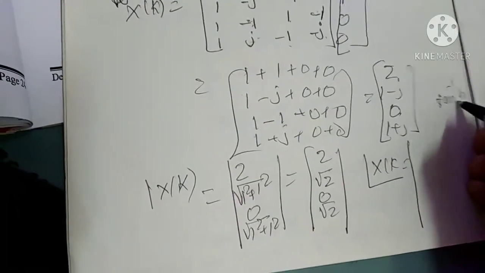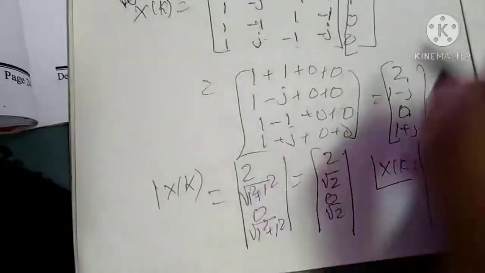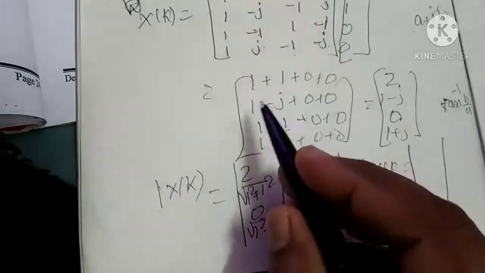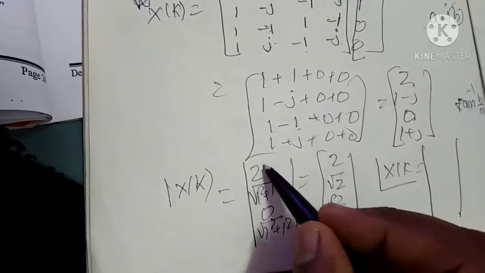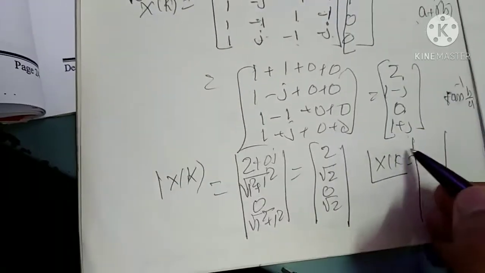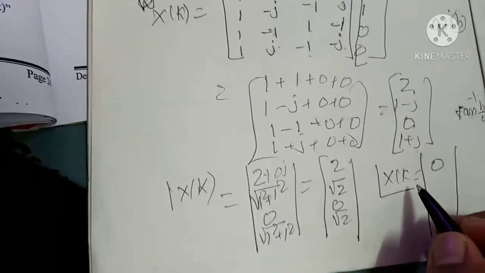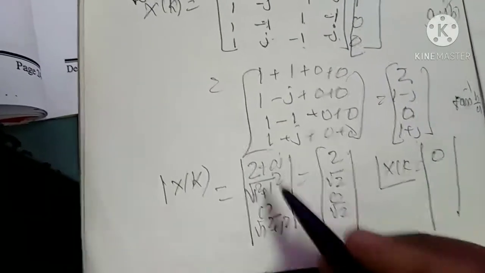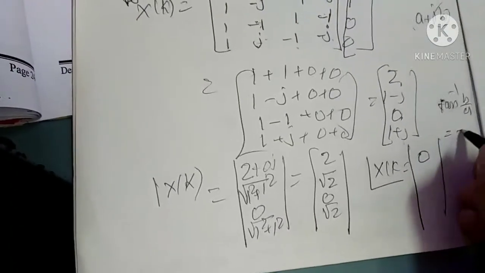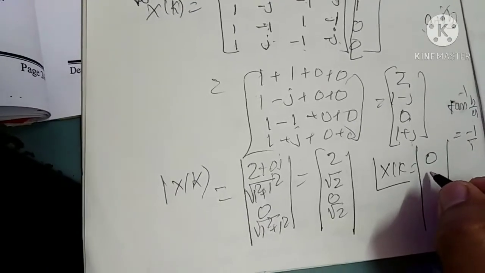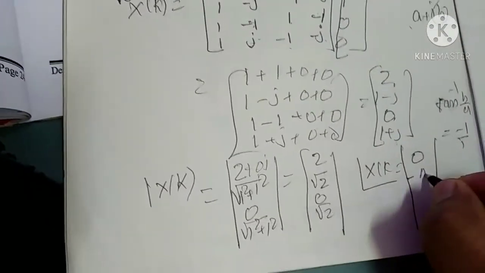If a plus jb is there, this is b and this is a. Here for 2, the imaginary part is 0, so tan inverse of 0 is 0. For 1 minus j, tan inverse of minus 1 by 1, which is tan inverse of minus 1, is minus pi by 4.